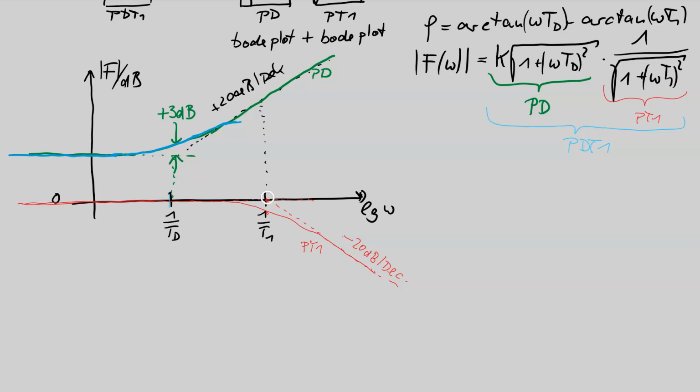And starting with this corner frequency, we can say, starting with this point, the positive 20 dB over decade increase is compensated with a negative 20 dB over decade decrease at the PT1. So the asymptotical curve is then a horizontal line.